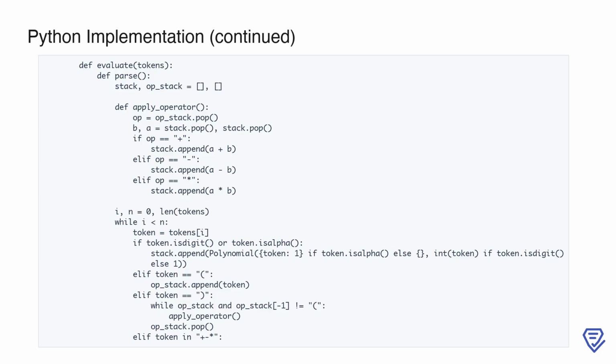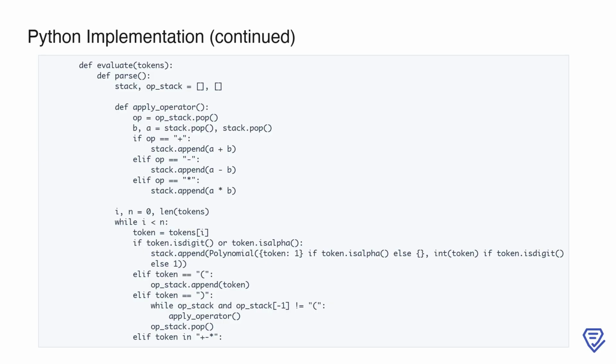Inside, we have a nested parse function, which uses two stacks, one for operands and one for operators. The apply_operator function is defined to handle basic arithmetic operations. Depending on the operator, it pops two operands from the stack, applies the operation, and pushes the result back onto the stack.